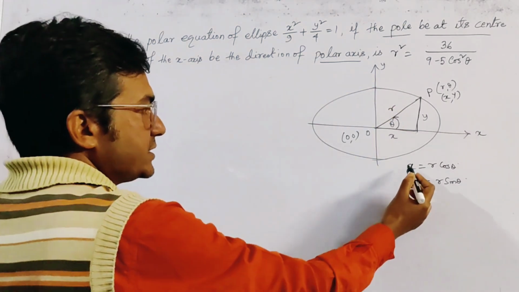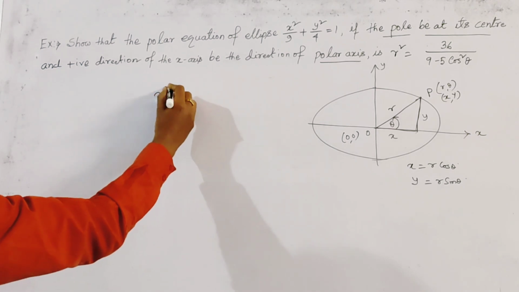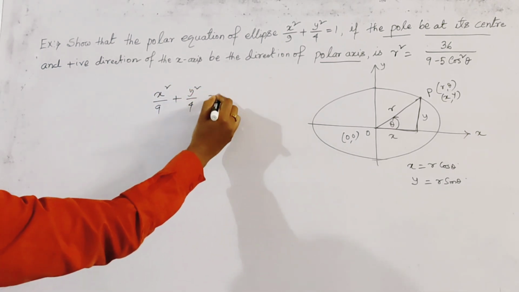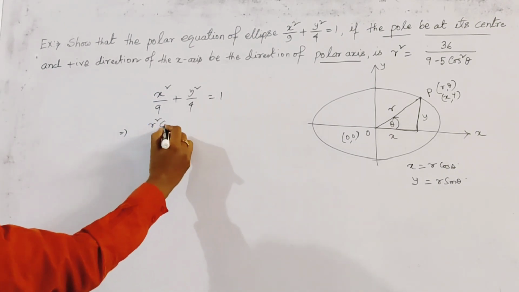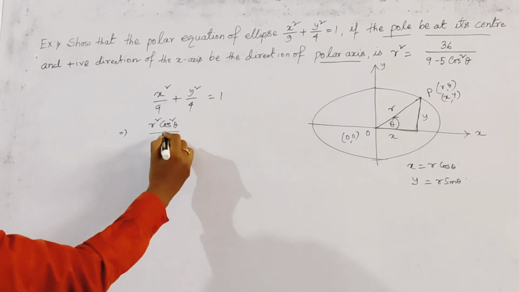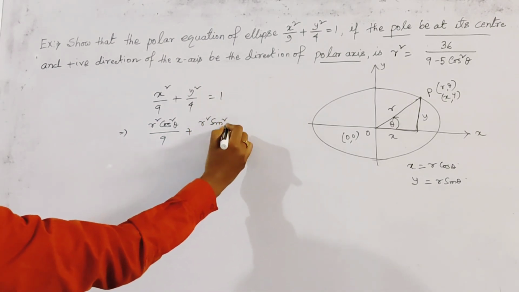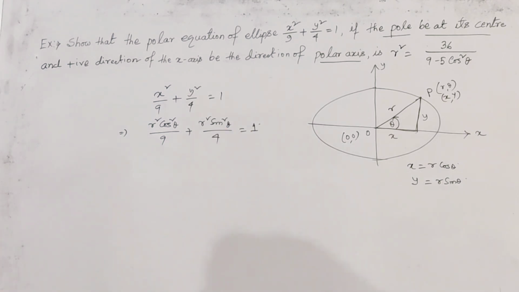Now put x and y in the given equation. So we get x square by 9 plus y square by 4 equal to 1. This becomes r square cos square theta by 9 plus r square sin square theta by 4 equal to 1.